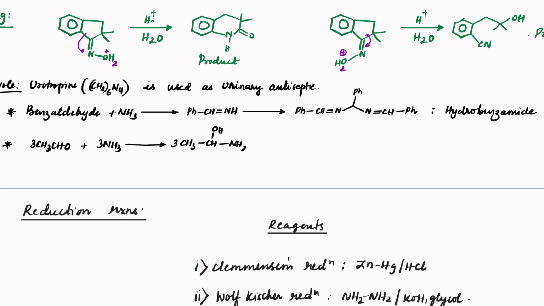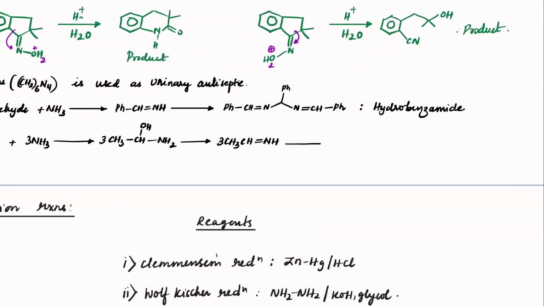Then the dehydration should happen, right? So it will convert into 3 moles of CH3CH=NH, which is the imine form. And these 3 moles of imine form will convert into the cyclic structure like this.